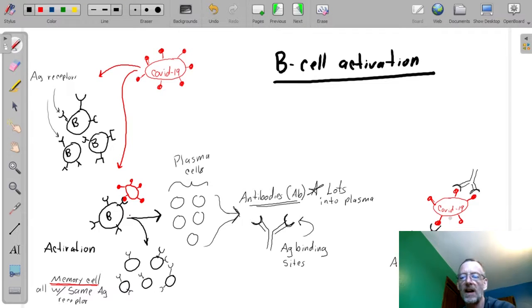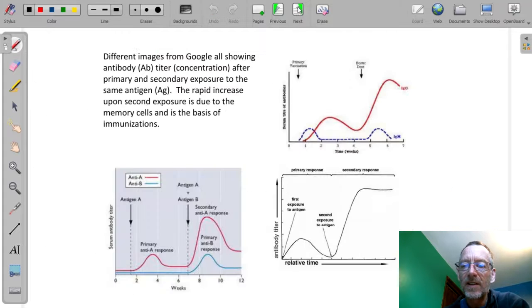The next slide looks at the immune response. So the print is a little bit small. All three of these figures are showing basically the same idea. As I mentioned in the text, I just went to Google Image, typed in immune response, and this is what I get.